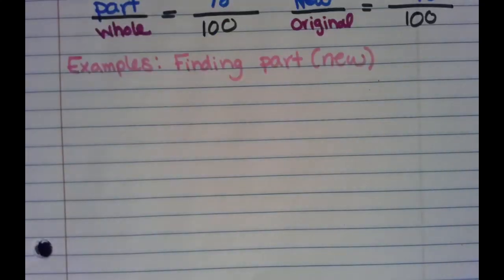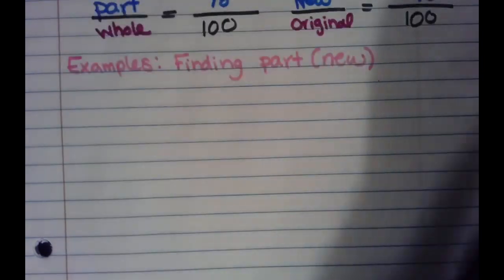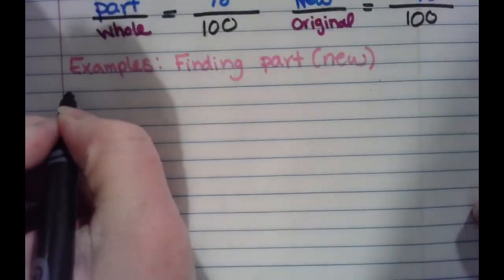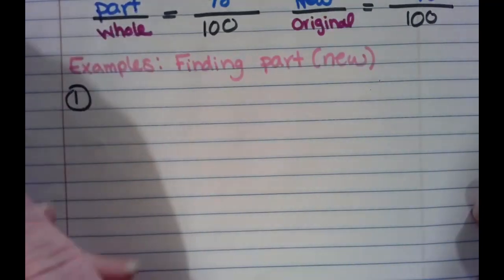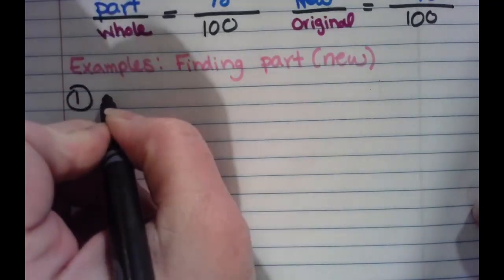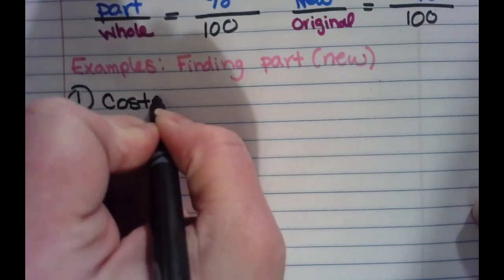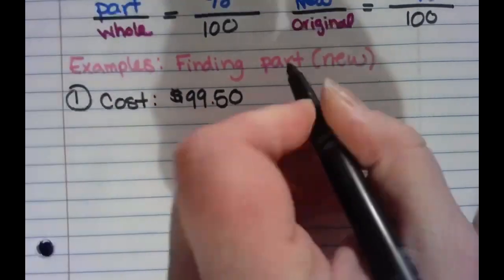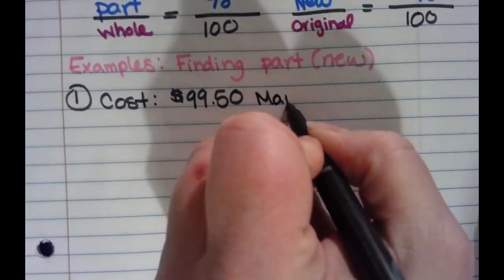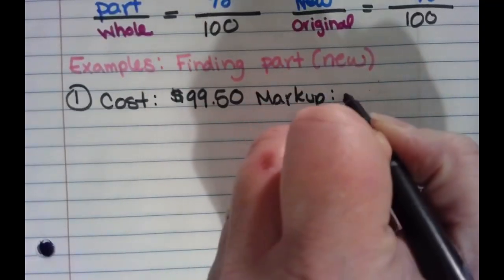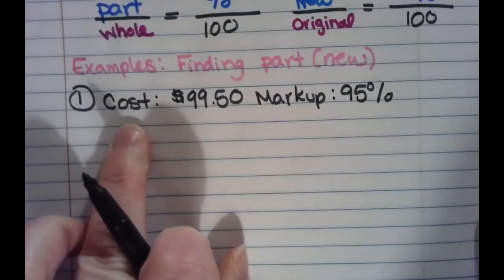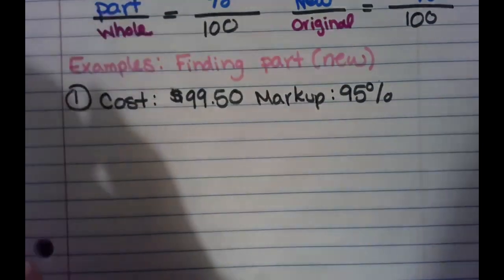First examples we're going to look at are finding the new amount. So you're going to get the old amount, the original amount, and you need to figure out the new amount. Okay? So let's see, if something cost $99.50 and it had a markup of 95%, this means this is how much the store paid for it, $99.50, and they marked it up 95%.